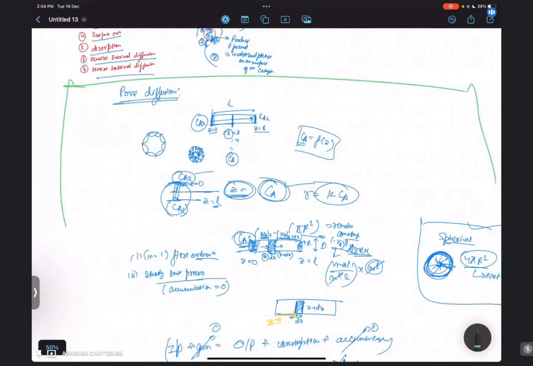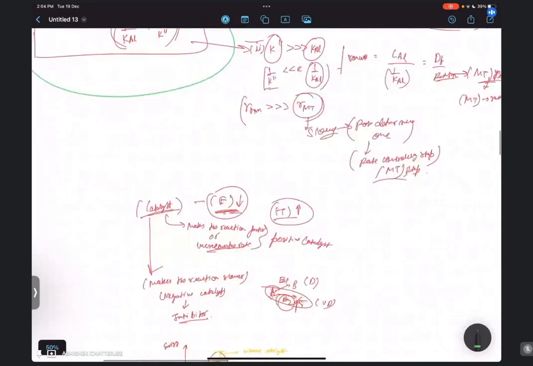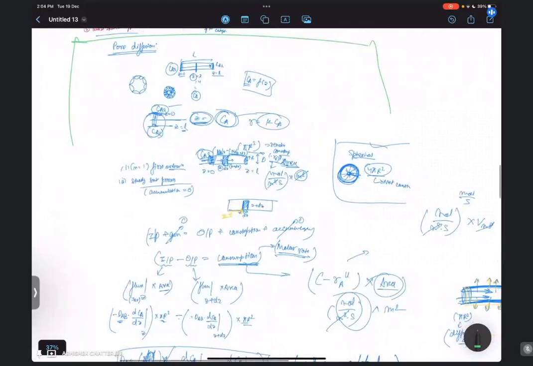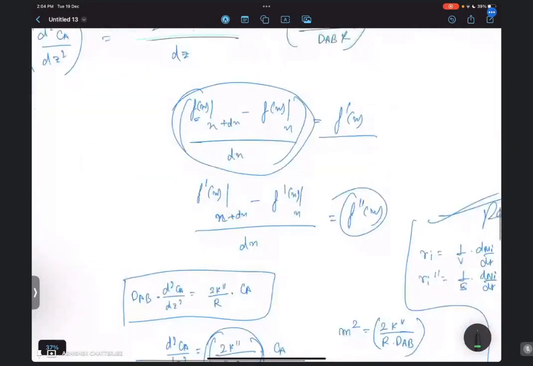And that was in general. This thing we did for the general case: if some mass transfer is happening and then some reaction is happening, how to define our R overall. This is for the general case, and this we are studying only for pore diffusion.